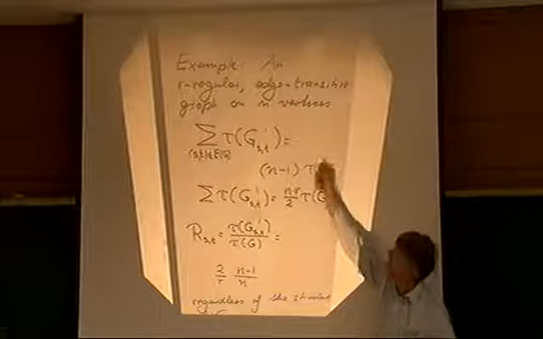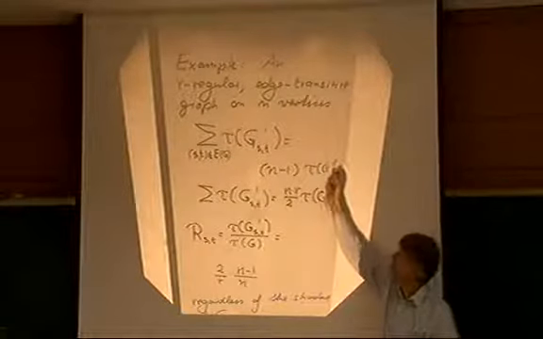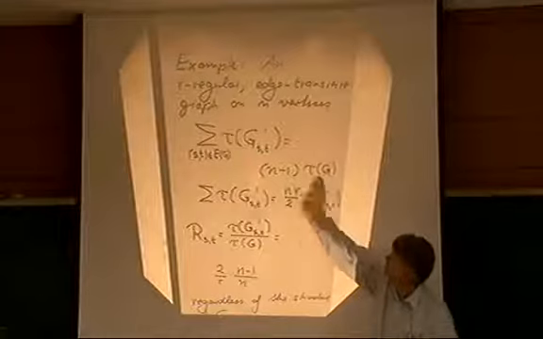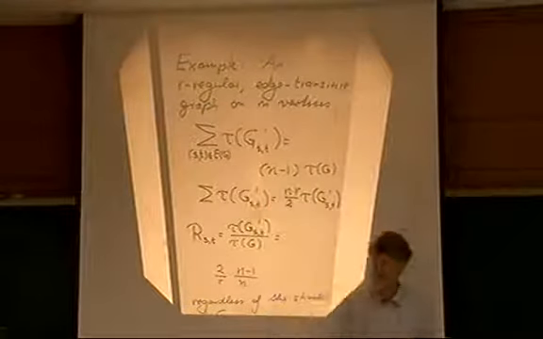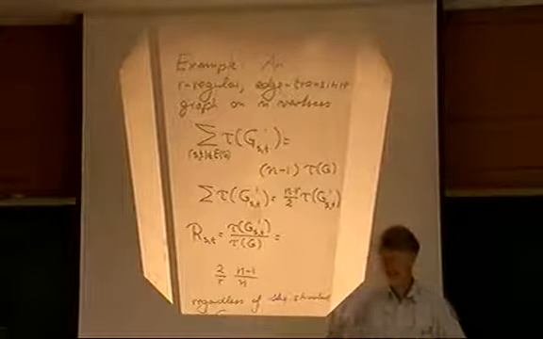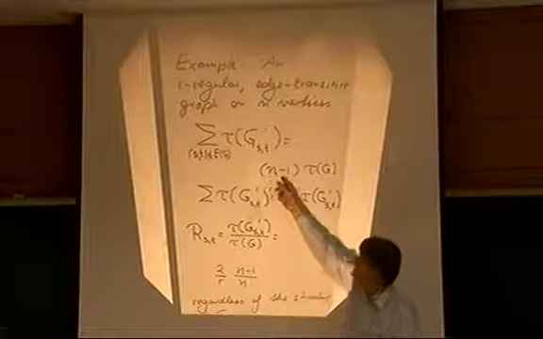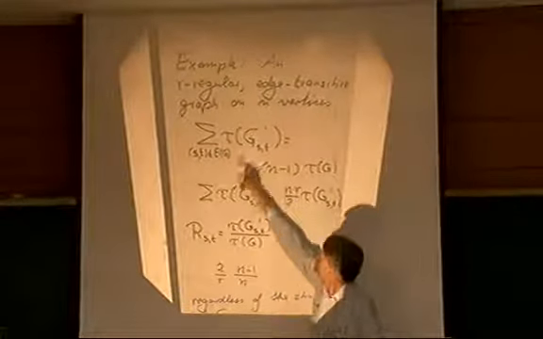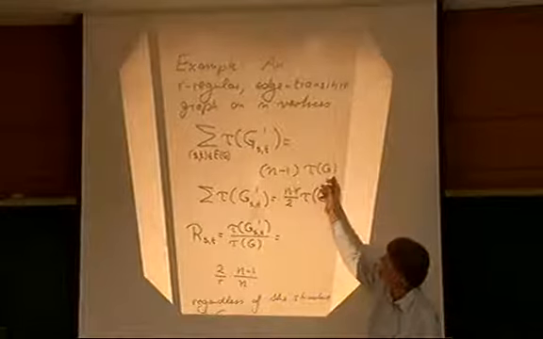And look at a spanning tree. It's counted many times. How many times? Well, as many as it has edges, and it has n-1 edges. So this complicated sum is just this number.